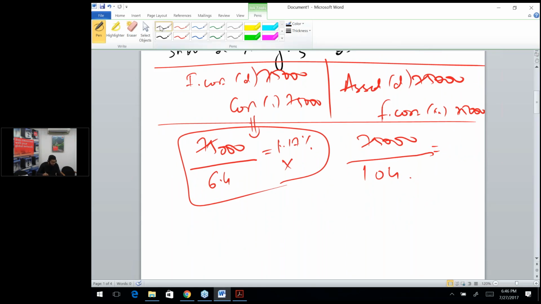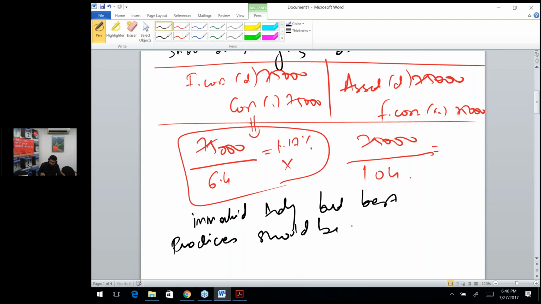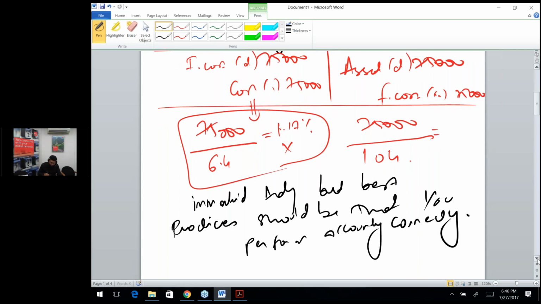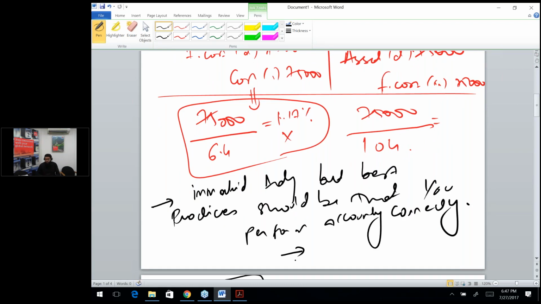So now you need to discuss with management that it's immaterial, but the best practice should be that you perform the accounting correctly. I mean, if you don't do the accounting correctly, it's going to be an issue. So the best practice is that you need to perform the accounting correctly.